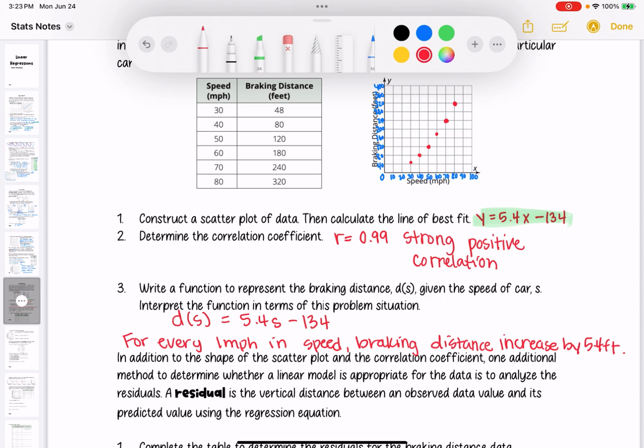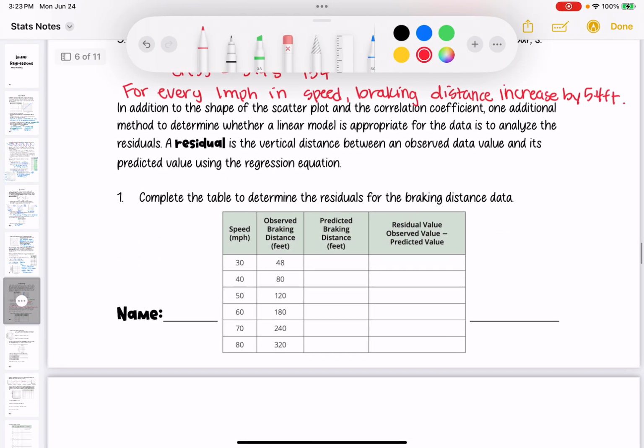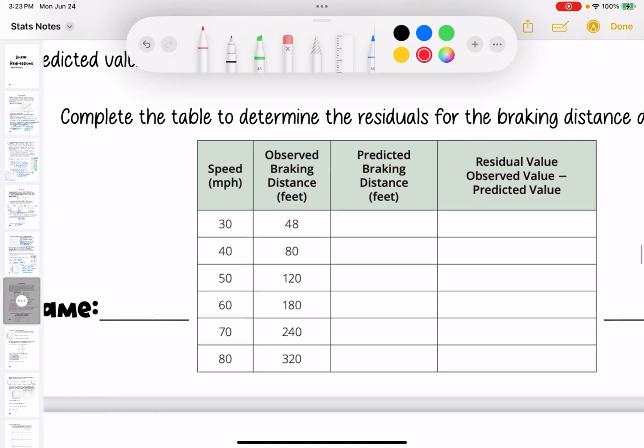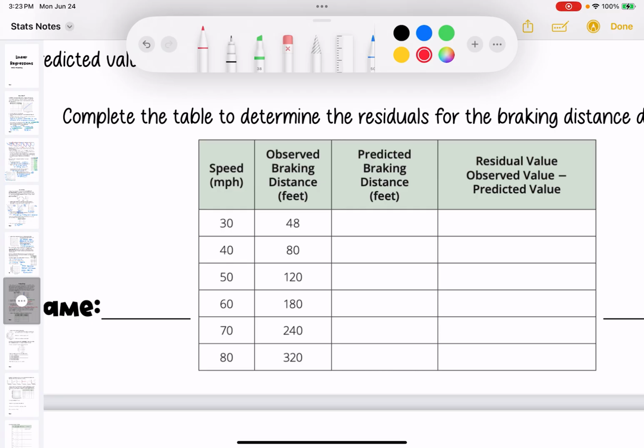All right, so number 1, we're going to complete the table. They already have the speed and the observed distance, so we have to find the predicted braking distance.